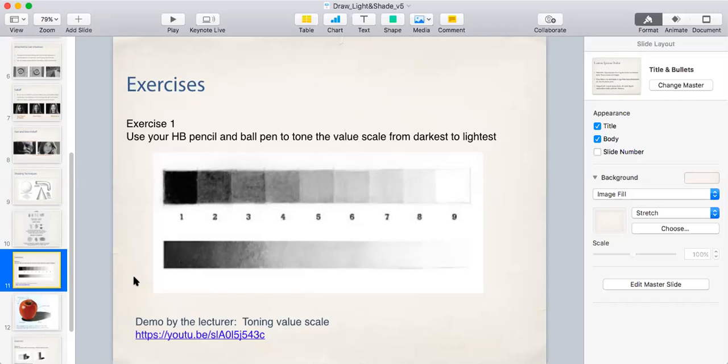After you finish, you need to submit to the Moodle. I've already opened a submission link for you to submit, and then we can have an online tutorial session, where I can see your work and give some comments.